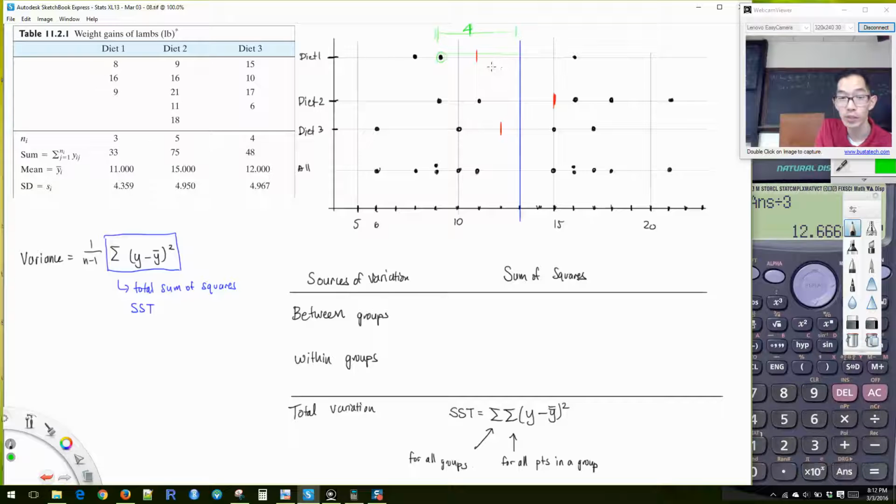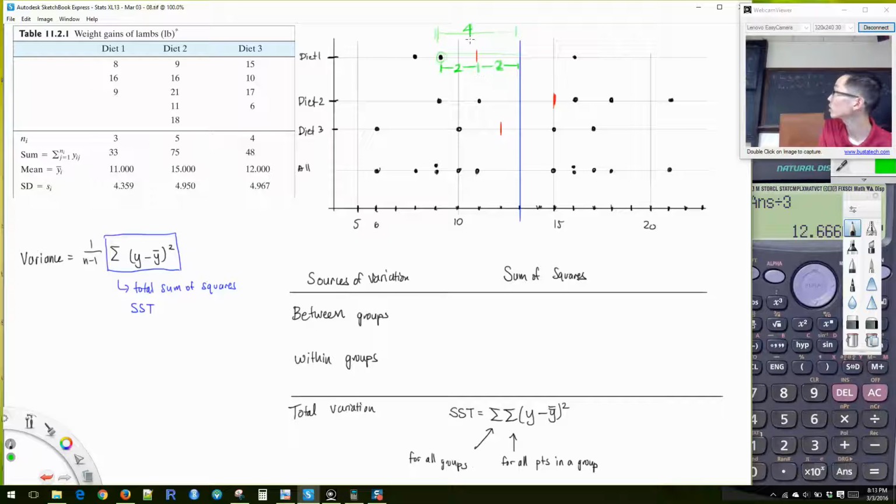But what we're going to say is, wait. Part of that is because his group mean is 2 units away from the grand mean. And then on top of that, he himself is 2 units away from his group mean.